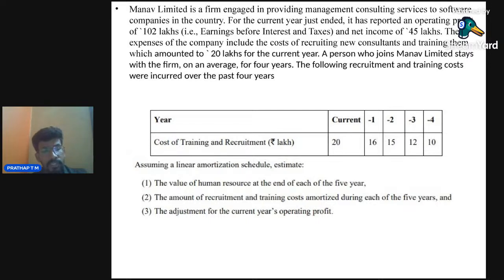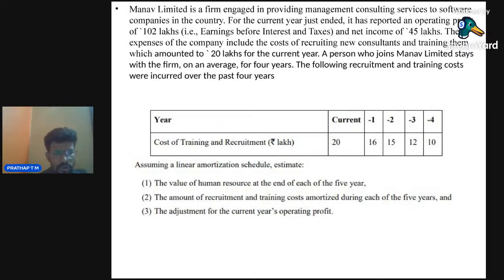In this way we can determine the value of a company, value of human resources. So how we are adjusting with the current operating profit. That is the third question which was answered.